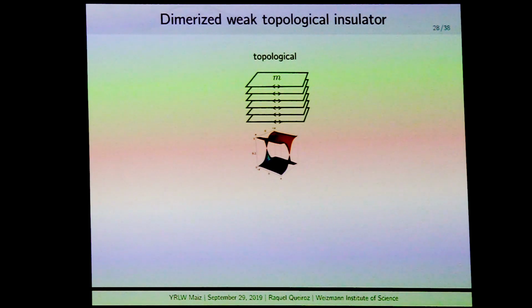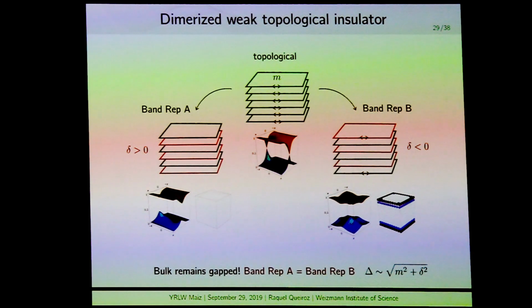So this is topological, which means that if I were to look at my Wannier spectrum, I would also see spectral flow. This is topological in the strong sense. And if I include the dimerization, by breaking the translation symmetry, I'm going to break that spectral flow. And I will have completely gapped Wannier bands, and in principle, I have no topology left.